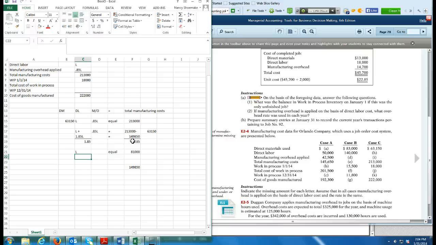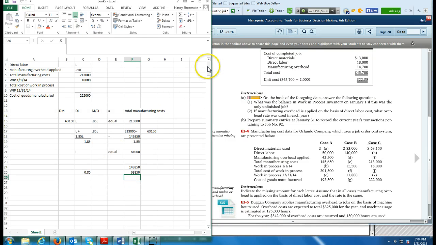So if our labor is 81,000, then we know that our manufacturing overhead is going to be 85% of 81,000, or the 81,000, which is the direct labor, times 85%, or 68,850.